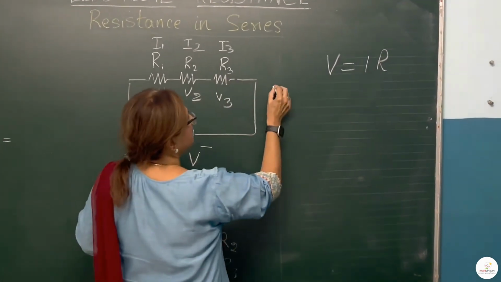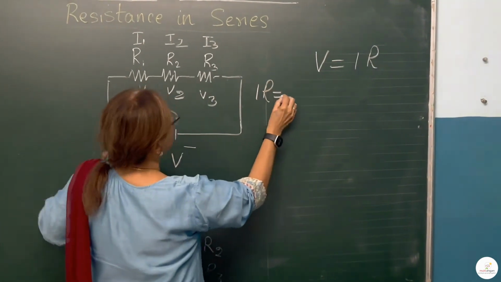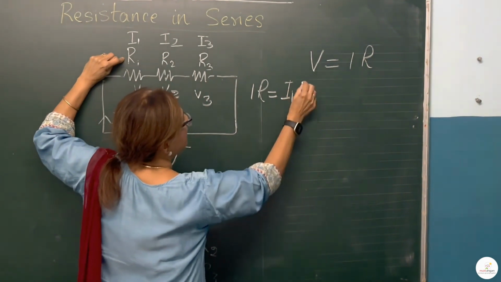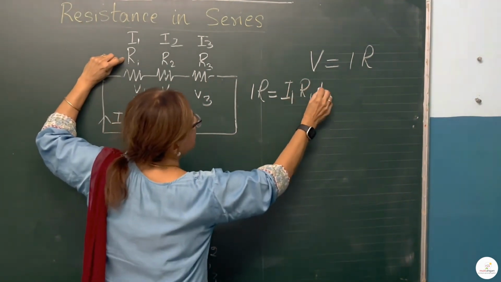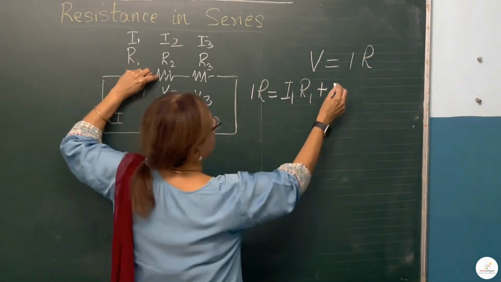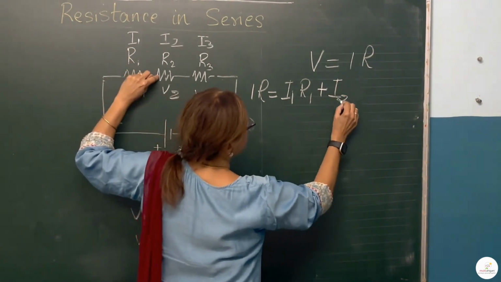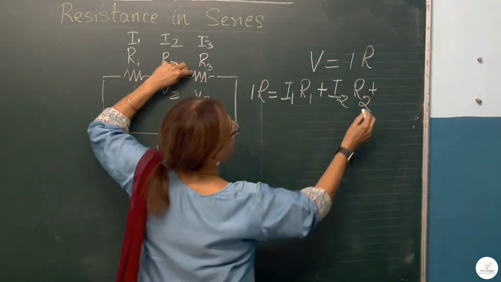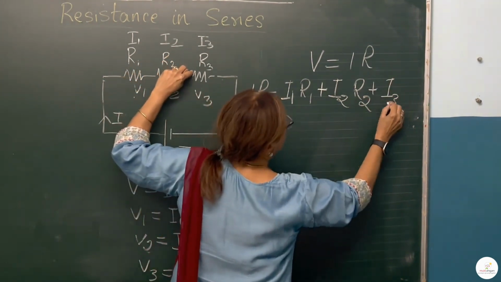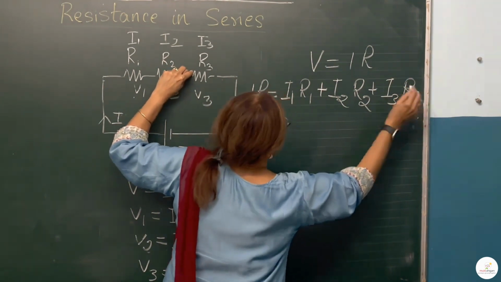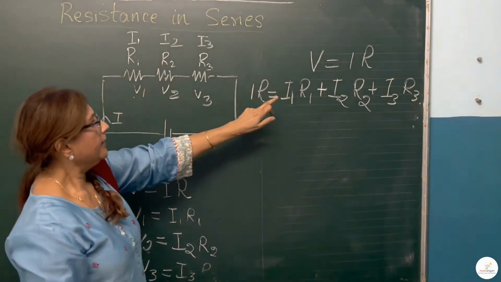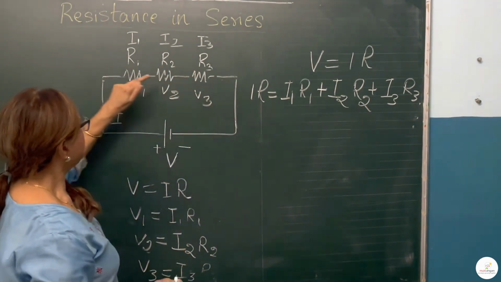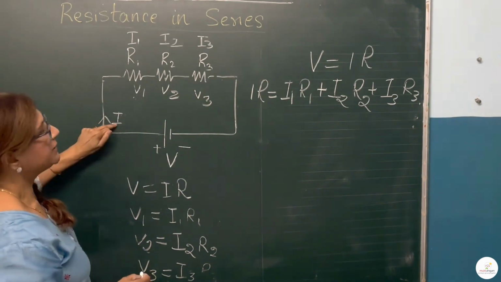So, here V will be IR, which will be equal to, for resistor 1, I1 R1 plus, for resistor 2, I2 R2, plus, for resistor 3, I3 R3. So here I1, I2 and I3 is same as the main current that is flowing, which is I.